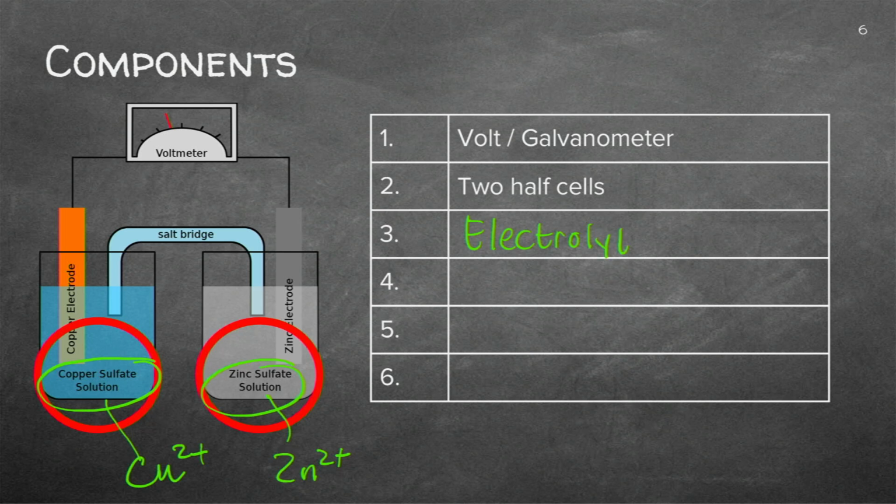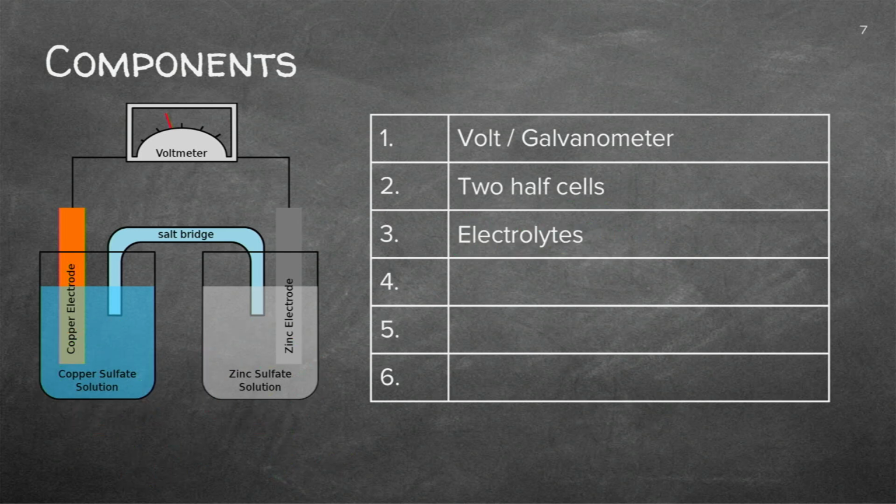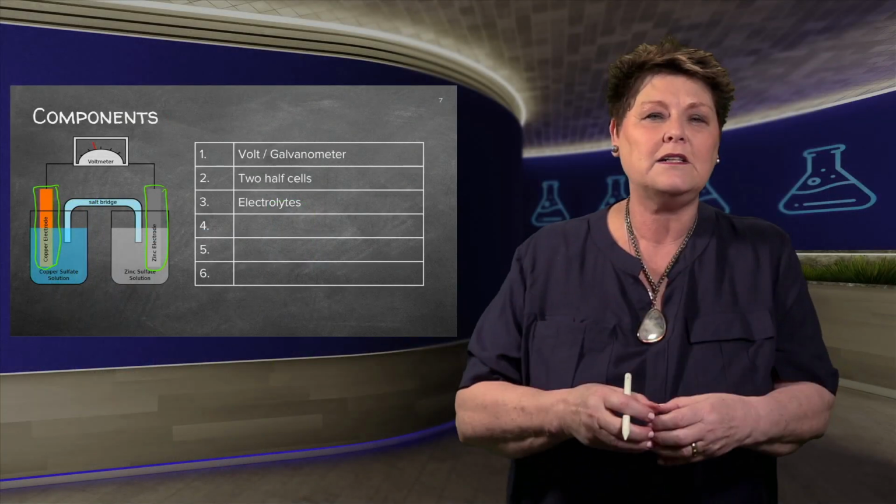electrolytes. You have to make sure that you distinguish between all the terms. That's why I'm breaking it up into small portions. So I've got a voltmeter or galvanometer. It's separated into two half cells, and I've got electrolytes, which are the solutions. Then I also have the pieces of metal, or whatever electrode. It needn't be metal. It can be a gas chamber.